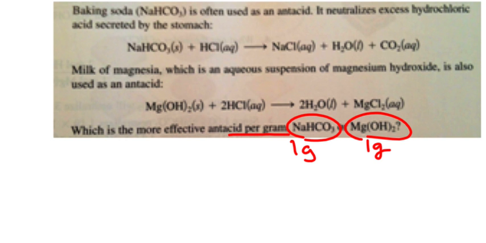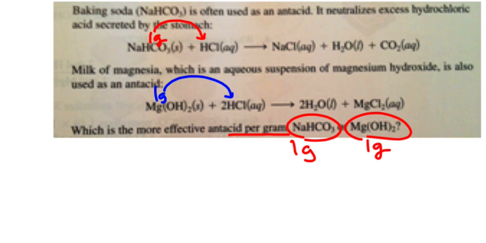So I could do stoichiometry and I could go, okay, if I have 1 gram of this, if I do stoichiometry from here to here, doesn't that tell me how much acid reacted with that gram? Yes or no? Yes. And if I do 1 gram of this and do stoichiometry from here to here, doesn't that tell me how much acid reacted with that 1 gram? So which one would be the best, more effective one? Right, the one that reacted with more of the acid.